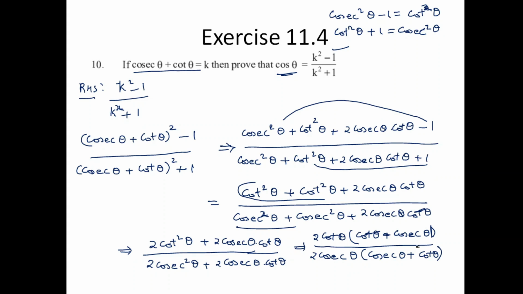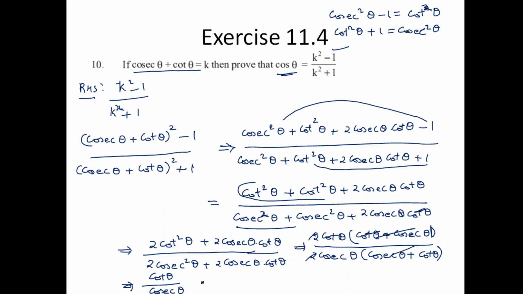So let us remove everything. See this 2 and 2 is removed out directly, isn't it? And eventually the bracket thing is also cancelled out. So what is left out? Cot theta divided by cosecant theta is left out.